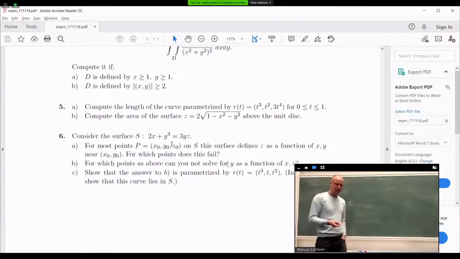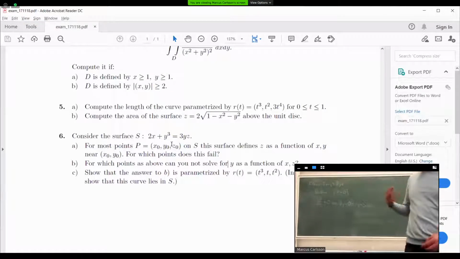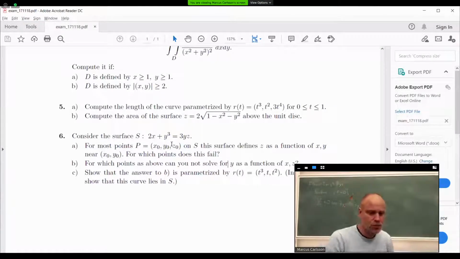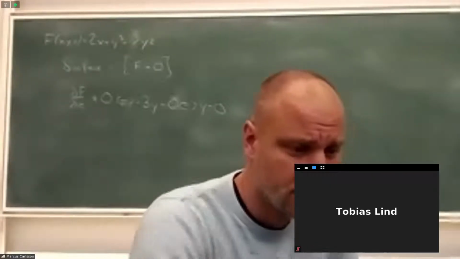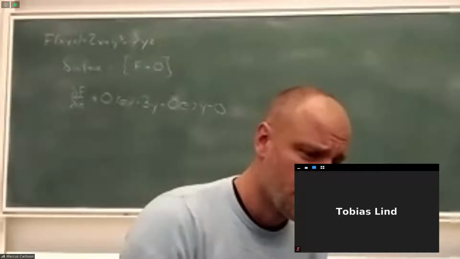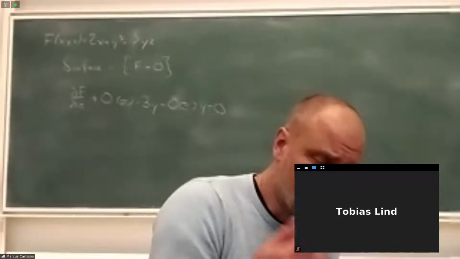So if I have a point x, y, c where y is not 0 and it lies on the surface, then I can solve c as a function of x and y locally.